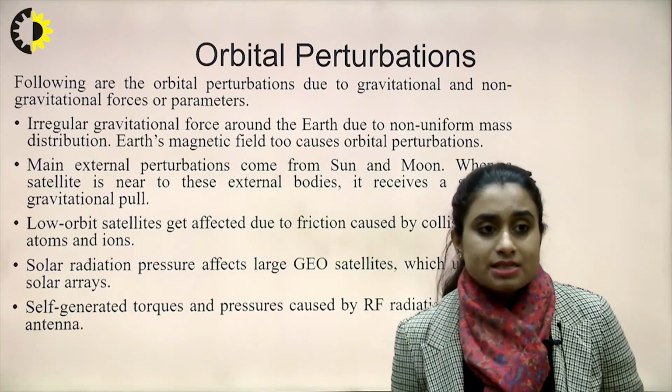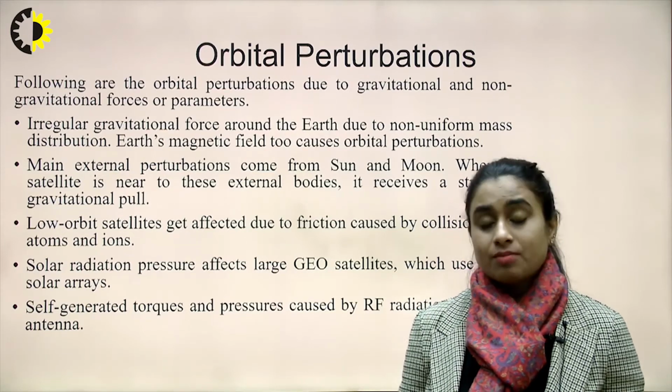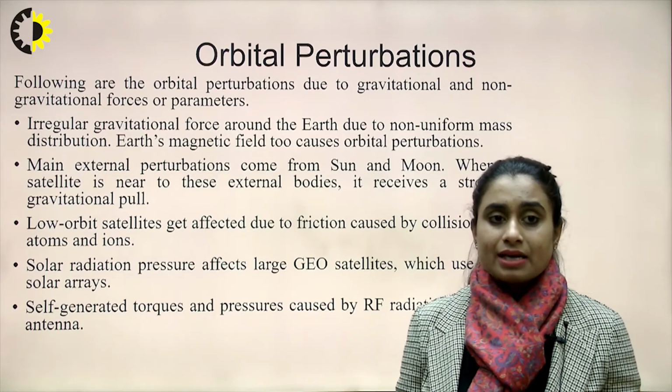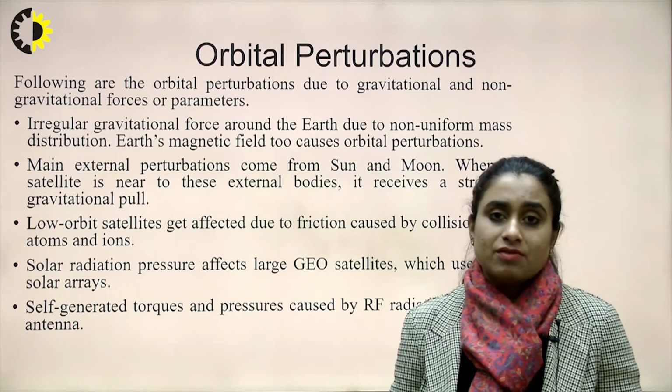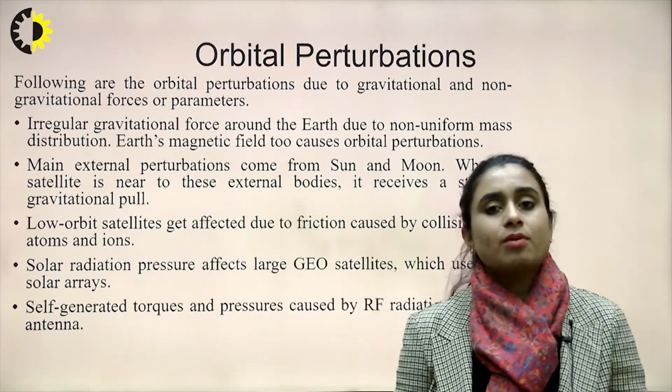Now the next reason is self-generated torques and pressures caused by RF radiation from the antenna. Even our satellites are equipped with antennas. At times there are torques and pressure generated within themselves. So a little bit of force will make them deviate from their path.